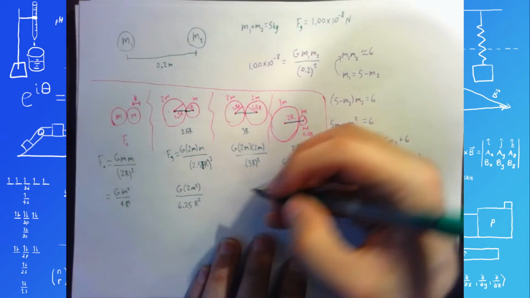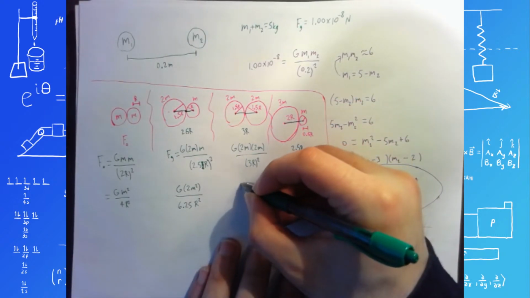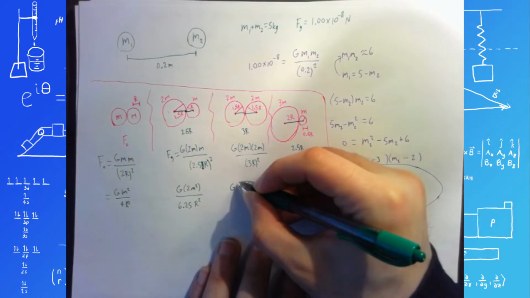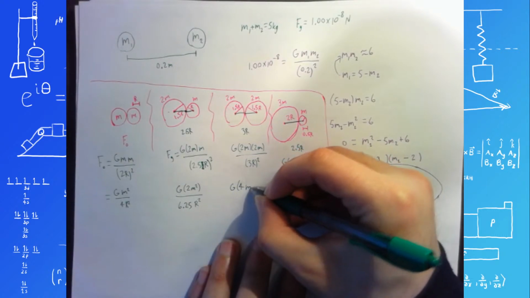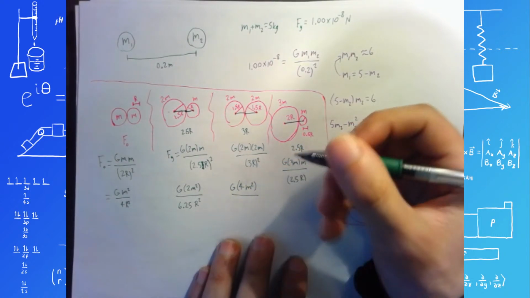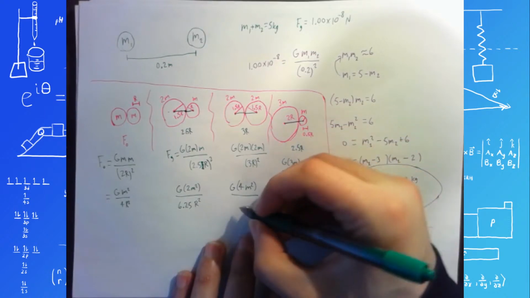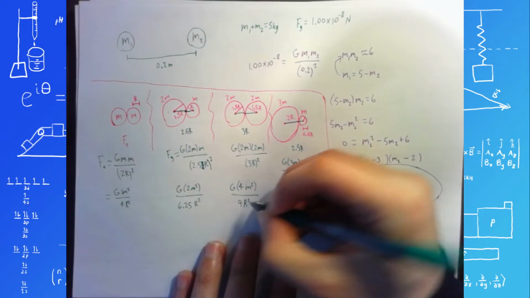And then here, 2m times 2m, that's going to be 4. So G times 4m squared over 9r squared.